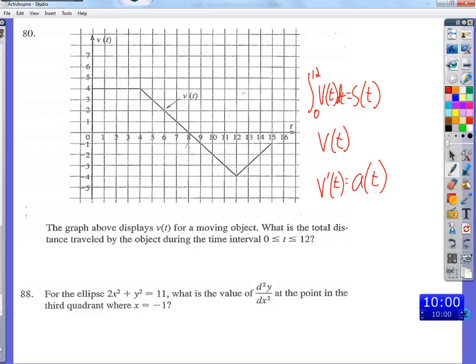For right now, let's find the area under each piece of this curve. What's the area under this block? 16. And the area underneath here? 8. So we got 1/2 base times height.